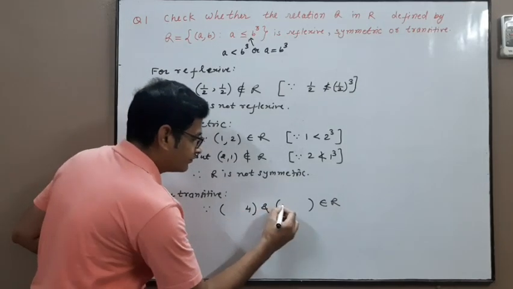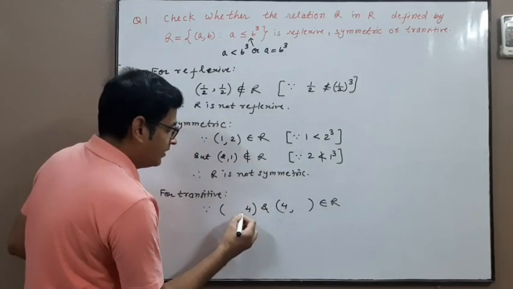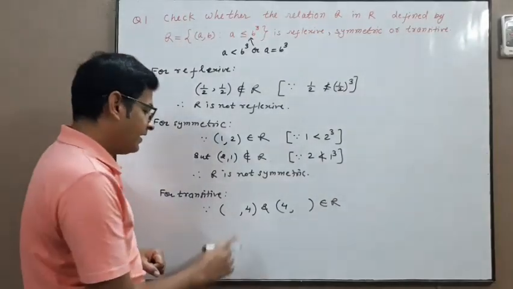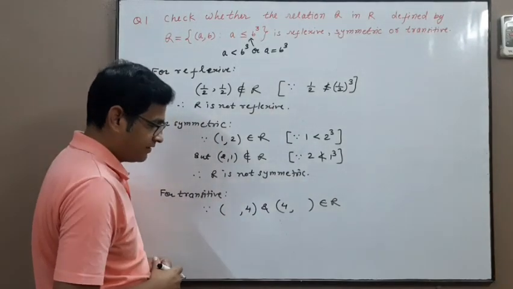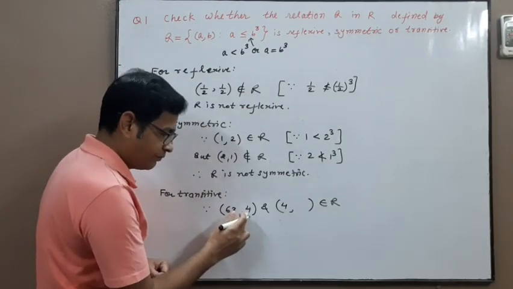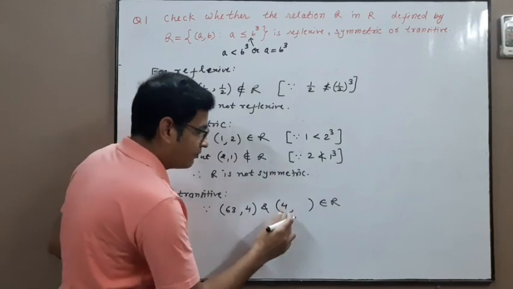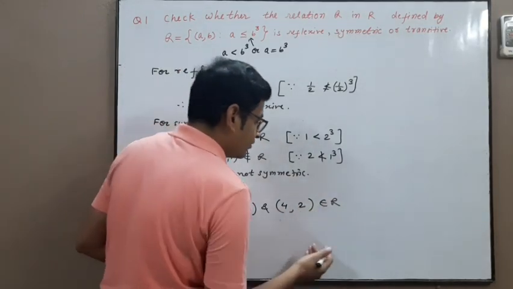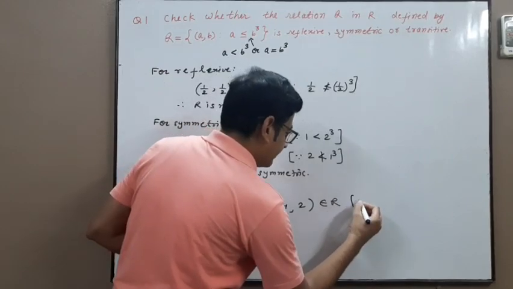So take 4. Now tell me the cube of 4: 64. If you take any number just less than 64, for example 63, then 63 is less than 4³ and 4 is less than 2³. Means these two pairs belong to relation R.